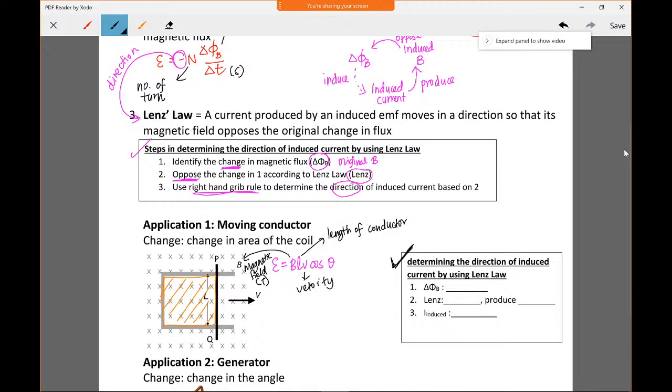Okay, so let's continue. Let's determine the direction by using the 3 steps that were introduced. When the conductor is initially here, this is the original position. Your area covered by the whole loop is here, the one shaded with orange color. Then you see the velocity: the conductor is being dragged to the right hand side. Let's say this is your final position.